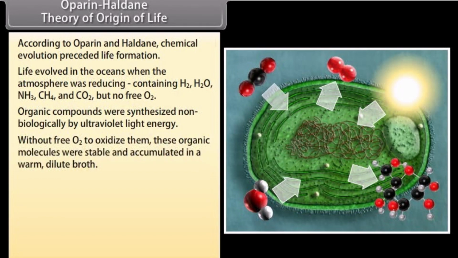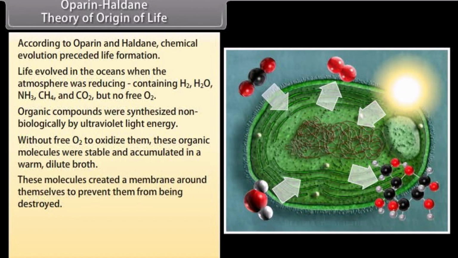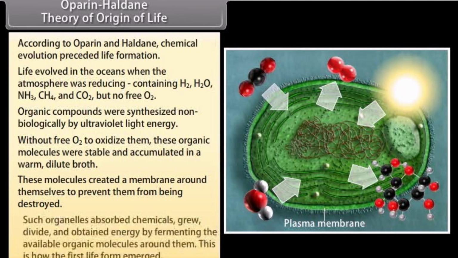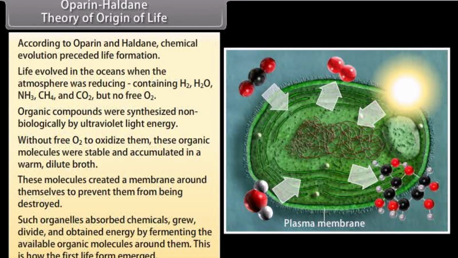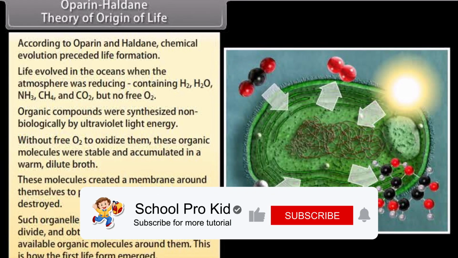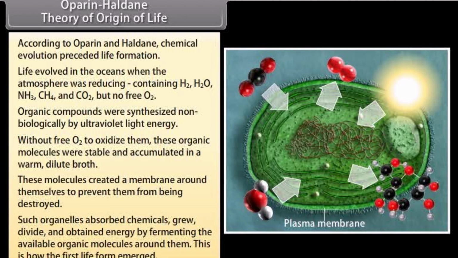Without free O2 to oxidize them, these organic molecules were stable and accumulated in a warm, dilute broth. These molecules created a membrane around themselves to prevent them from being destroyed. Such organelles absorbed chemicals, grew, divided, and obtained energy by fermenting the available organic molecules around them. This is how the first life form emerged.